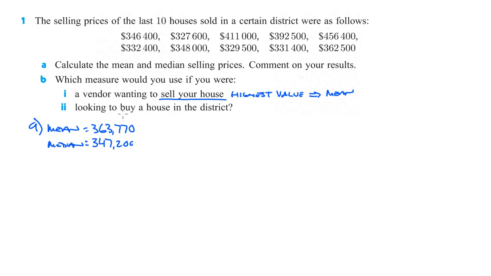If you are looking to buy a house, you want to pay as little as possible, so you want to have the lowest value. So in this case we would want the median, because the median is at 347,200. So what, about $1,700 or so difference. Okay, all right.